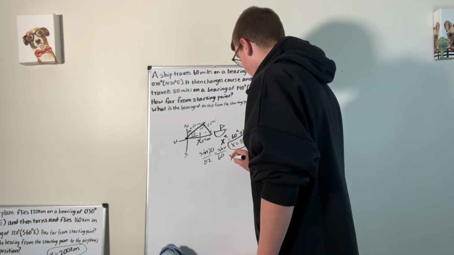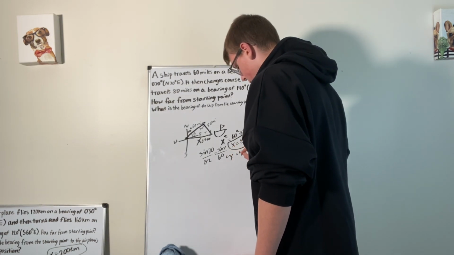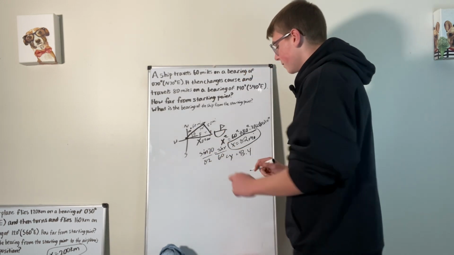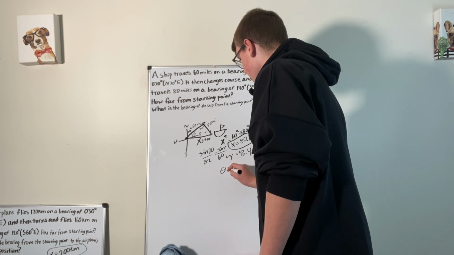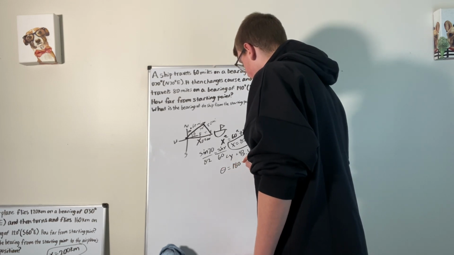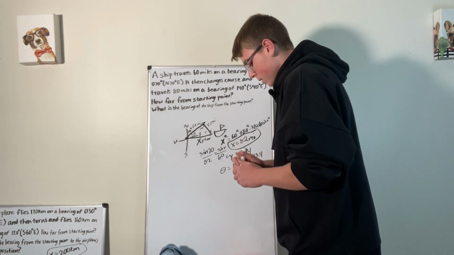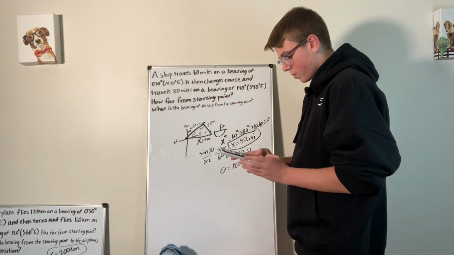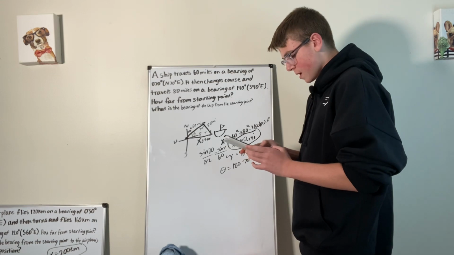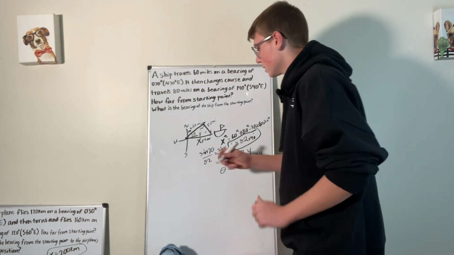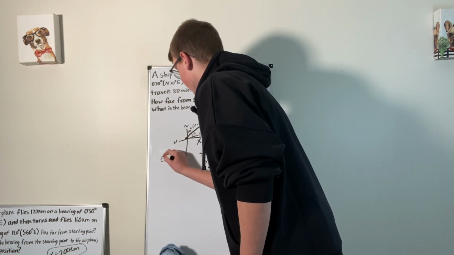So angle y equals 43.4. Okay, that means theta equals 180 minus 70 minus 43.4. So we do 180 minus 70 minus 43.4, and that gives us theta is 66.6.